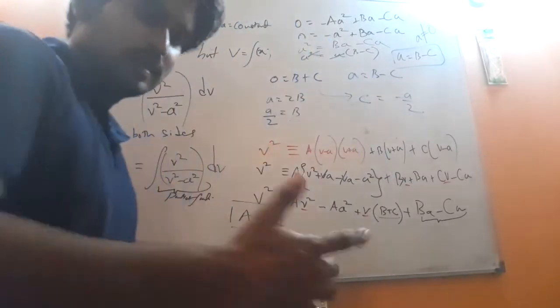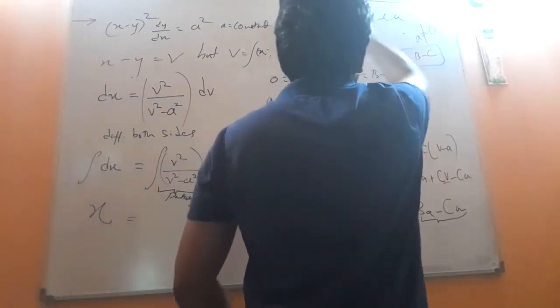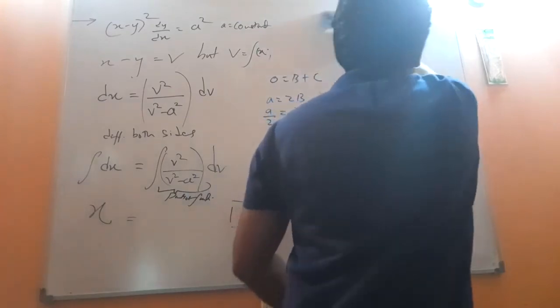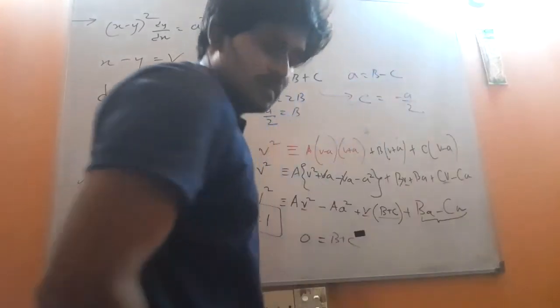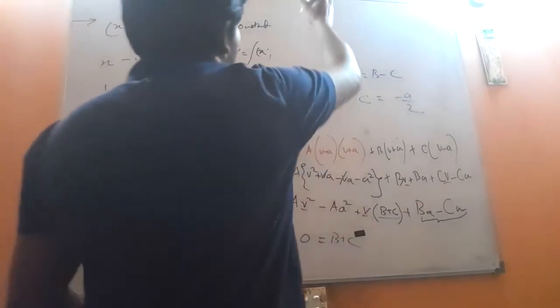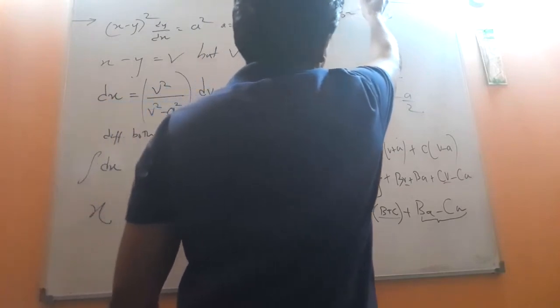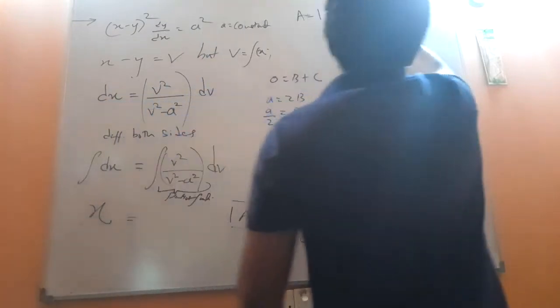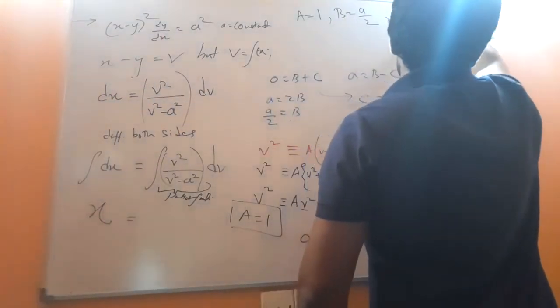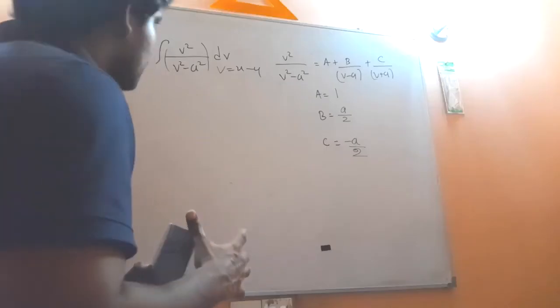So I will again erase the top part. So now A equals 1, B equals A by 2, and C equals minus A by 2, right? Right, okay, so now let's see.